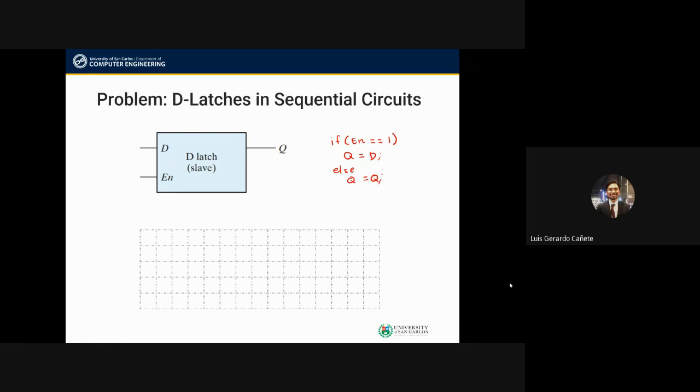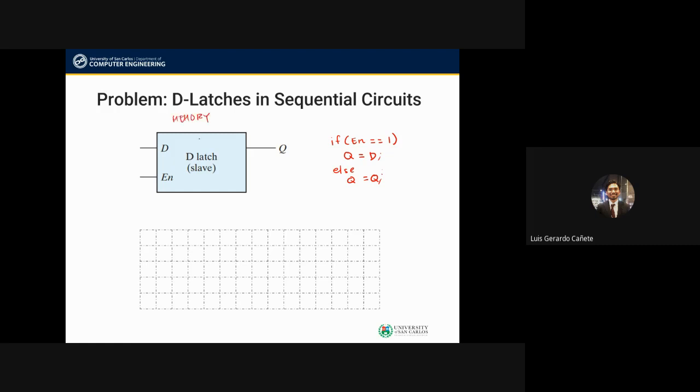Okay, so latches are nice because they are probably the simplest implementation of a storage element, right? If you actually think about it, the D latch right here, because it basically copies whatever you have at the input and stores it, is what we call the simplest implementation of memory, right?